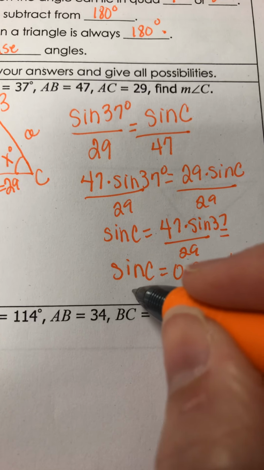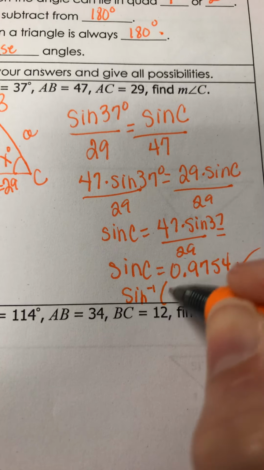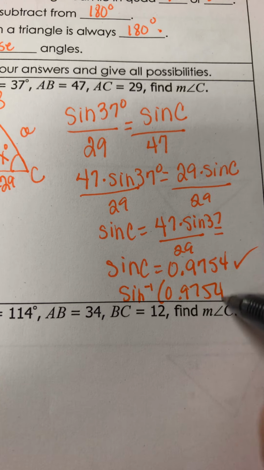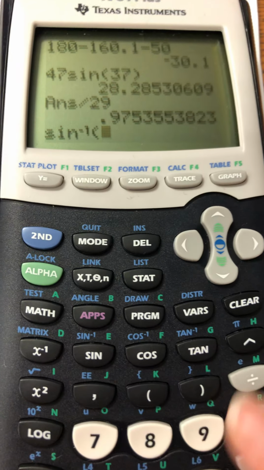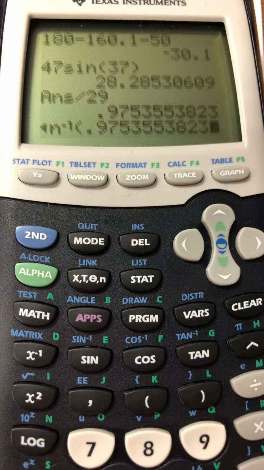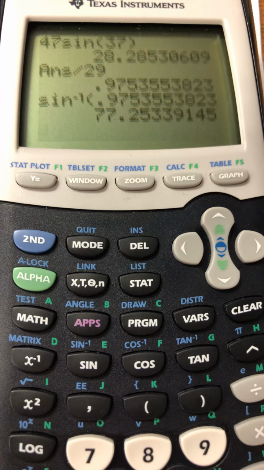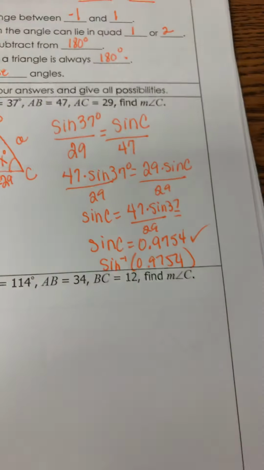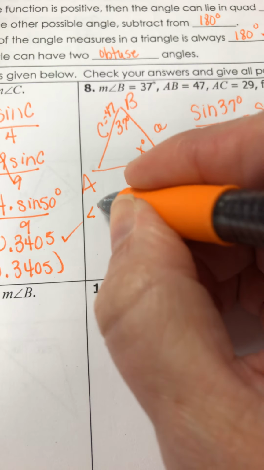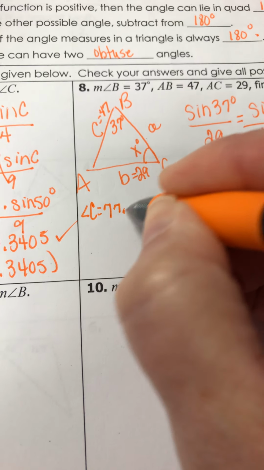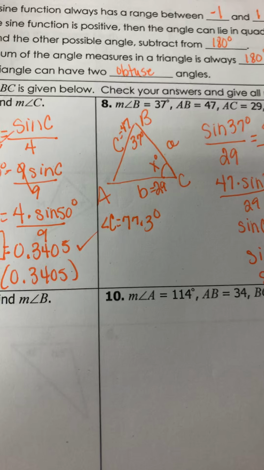So now let's go ahead and find the inverse of this value so that I can figure out what angle C is. So inverse sine of all this jazz will give me 77.3 degrees. So angle C is 77.3 degrees.